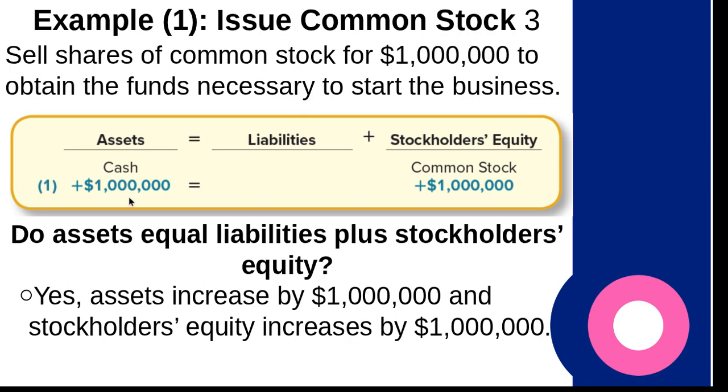When you look at it, there's 1 million here and there's 1 million here. The accounting equation must be equal. The assets increased here by $1 million, and the shareholders' equity also increased by 1 million. If you can understand this posting, it is not going to be a difficult thing at all. I will get to a level whereby you see how they occur in only one aspect, but the accounting equation will still balance. Okay, let's move on.